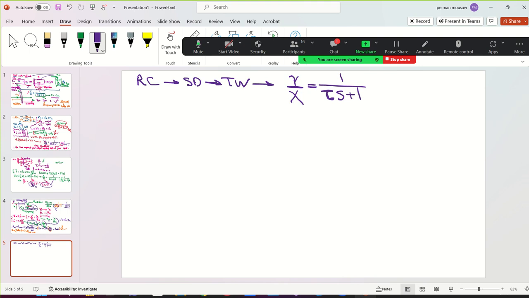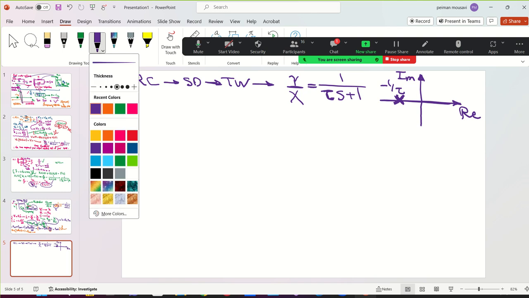I'm talking now generally about a first order system that has one stable pole at the left hand side. When you go to an electric circuit lab, or to industry, and look at the RC, remind yourself, oh, this is the tank of water. When you look at the suspension system of your car without mass, you go, oh, this is the tank of water. This is the art of engineering, making analogies.